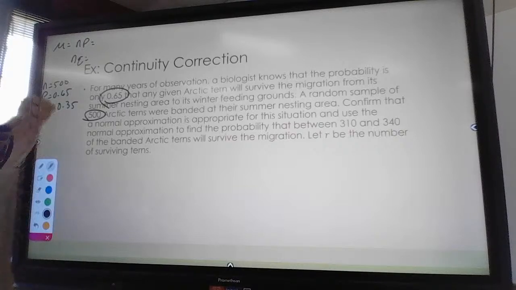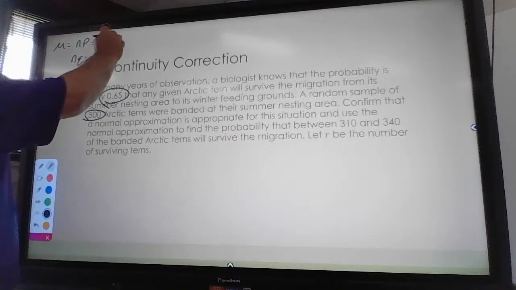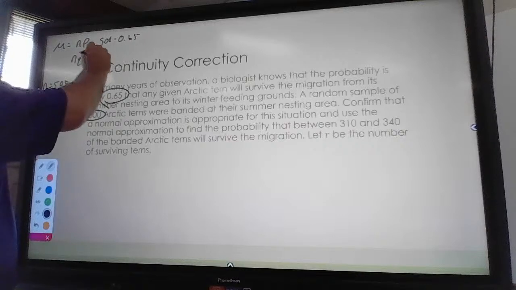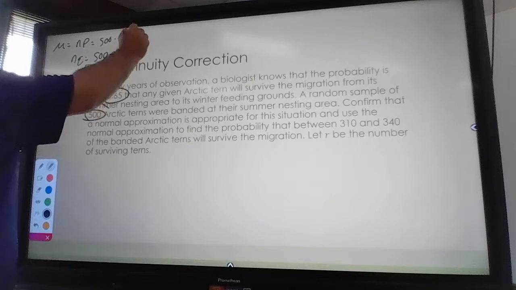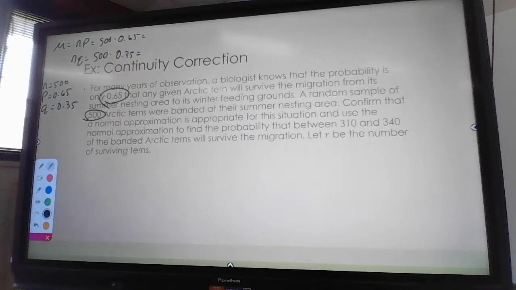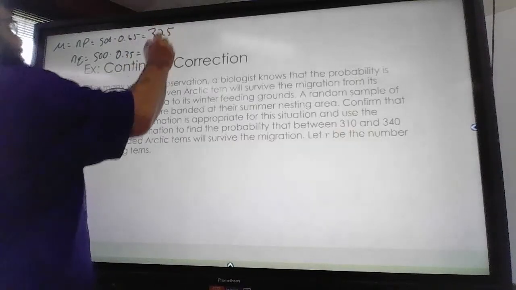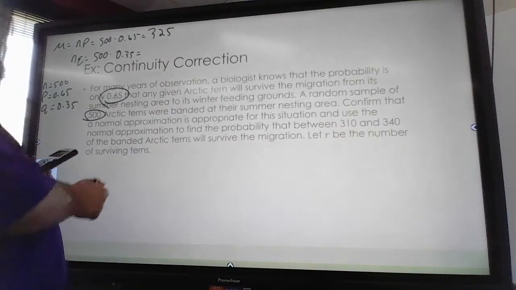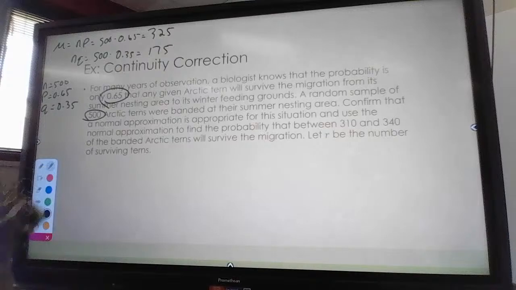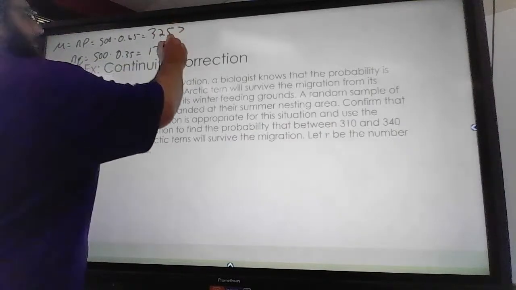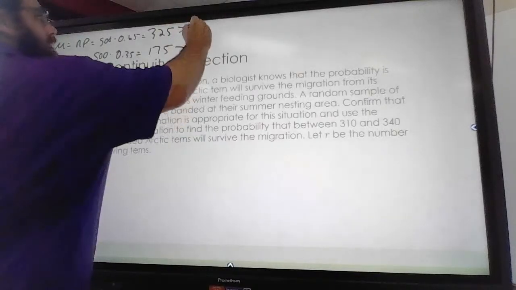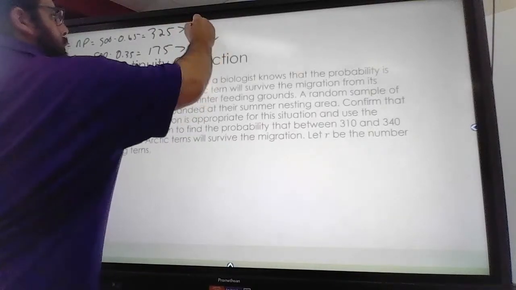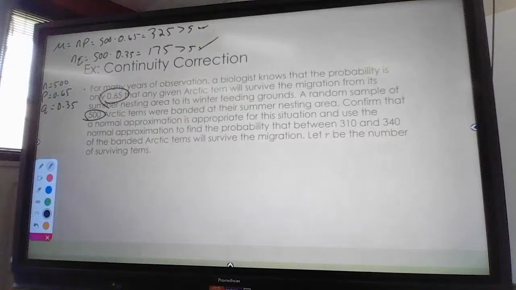So we're going to do 500 times this, and then 500 times this. 500 times 0.65, that's 325, and 175 here. So obviously, these are very large, a lot greater than 5. We can use a normal approximation for this probability.